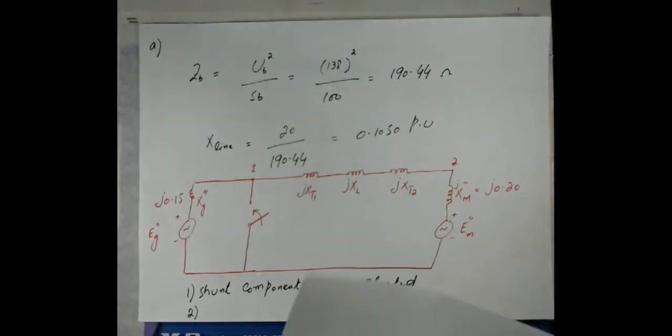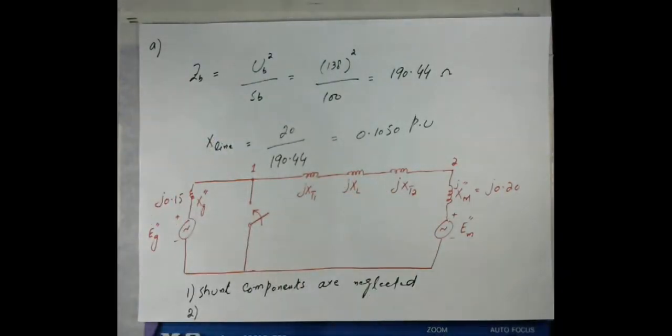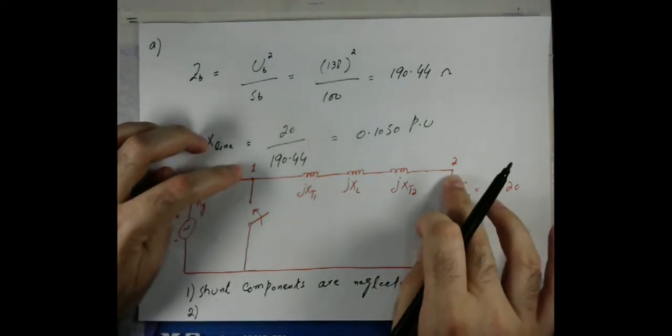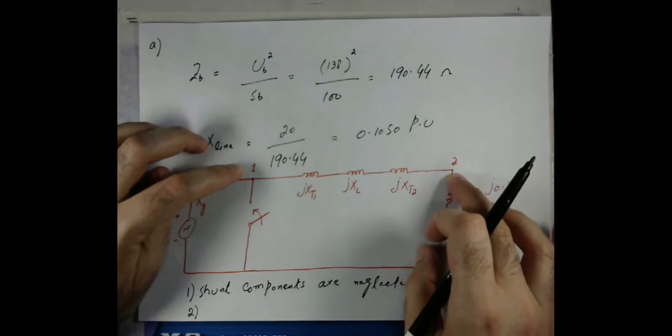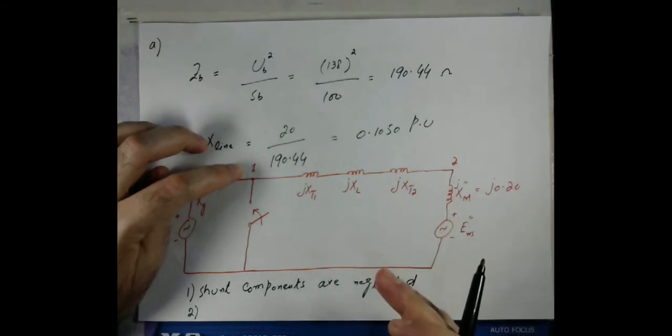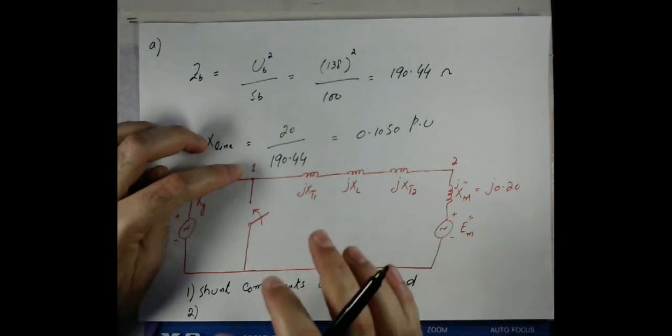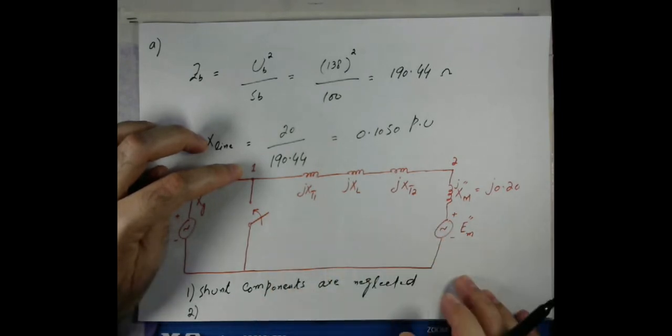The voltages at the different buses are assumed the same as when the system is without any fault.